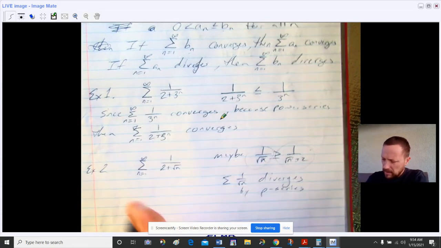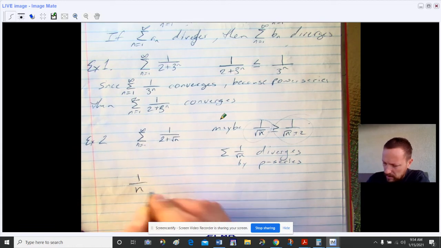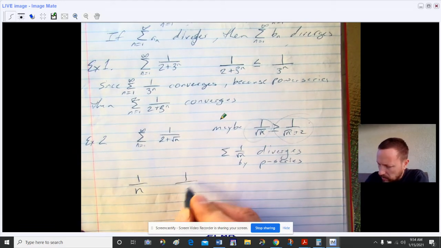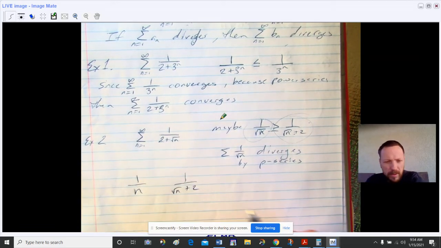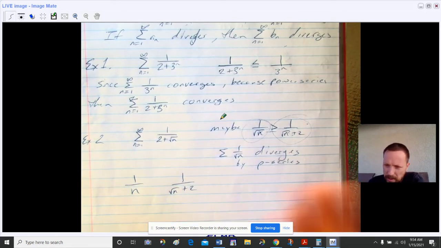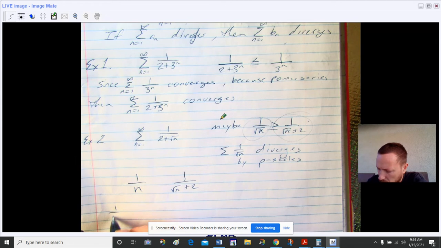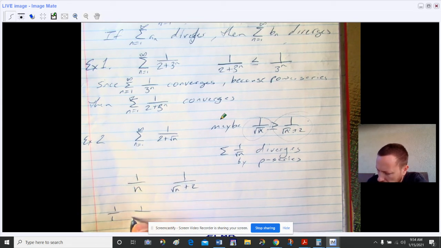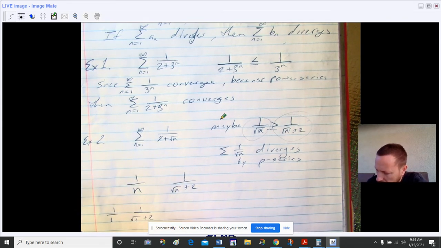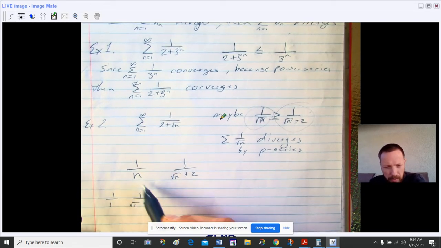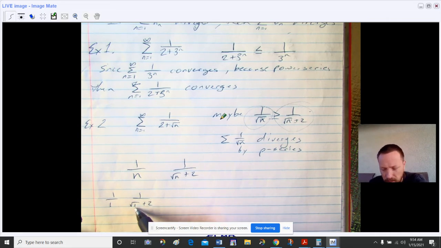So instead, maybe we consider 1 over n and 1 over radical n plus 2. Okay, so let's take a look at this. Well, if n is 1, we have 1 over 1, and we have 1 over radical 1 plus 2. Is there something we could say there? We have 1 over 1 and 1 over 3.